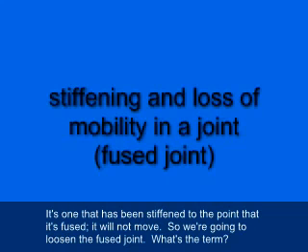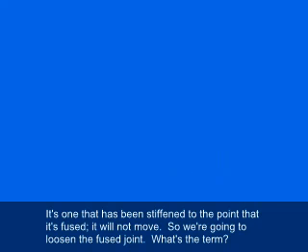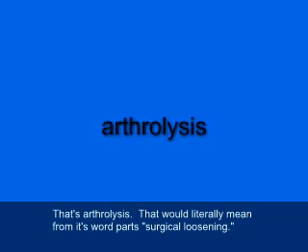It's one that's been stiffened to the point that it's fused. It will not move. Okay, so we're going to loosen this fused joint. So what is the word for that? I hope you've got arthrolysis. That would literally mean from its word parts, surgical loosening.